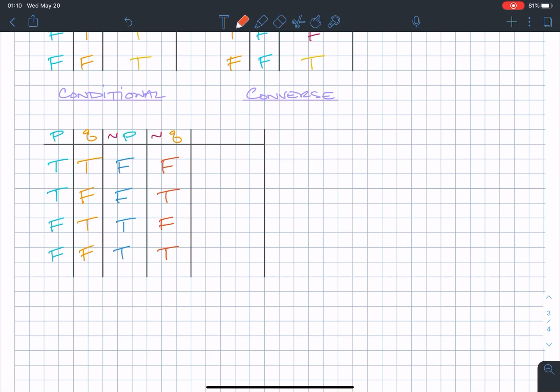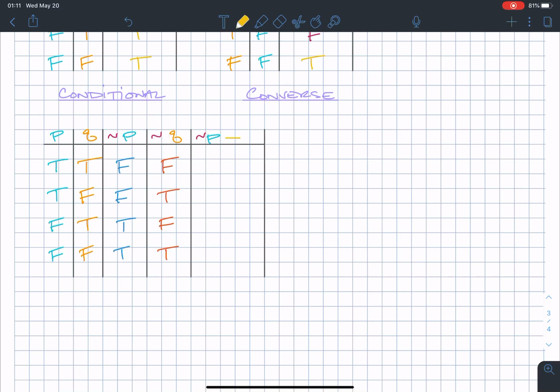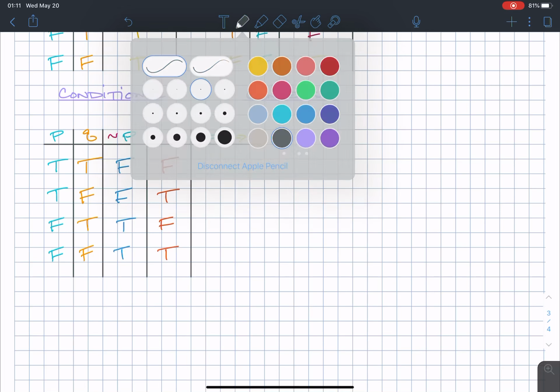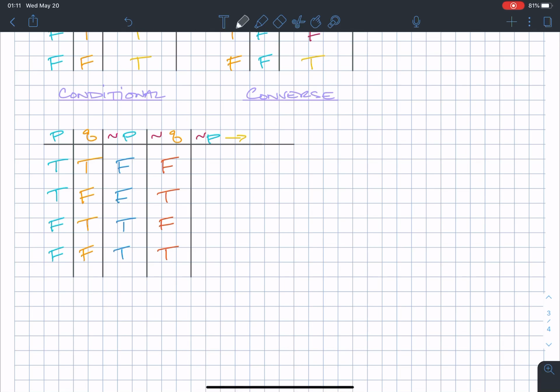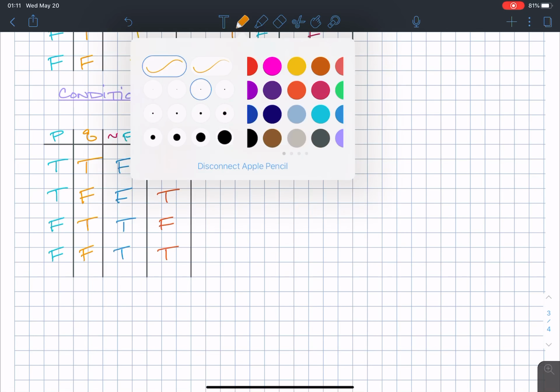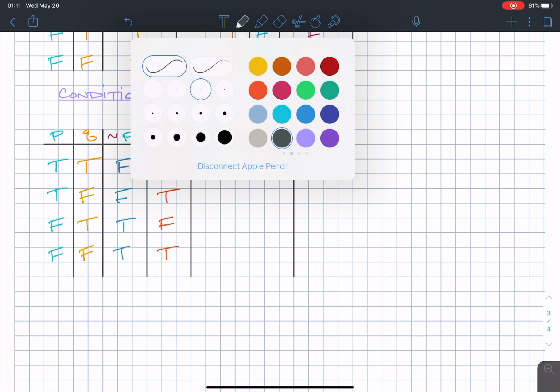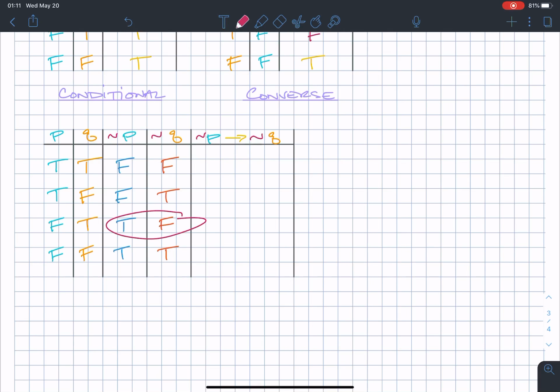So now when I have the implication, not P implies not Q, the only time it's going to be false is when true implies false.